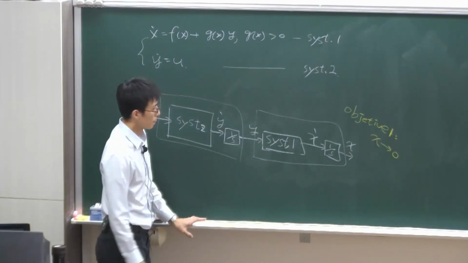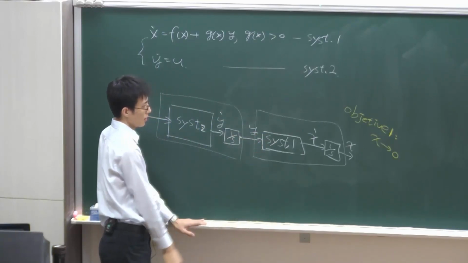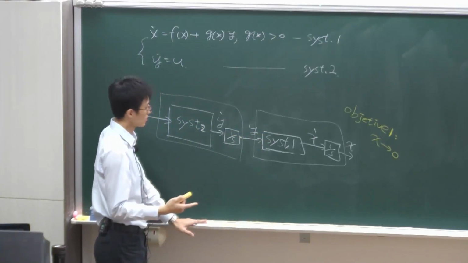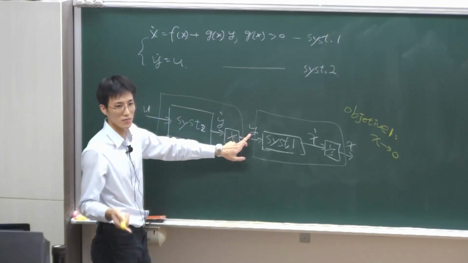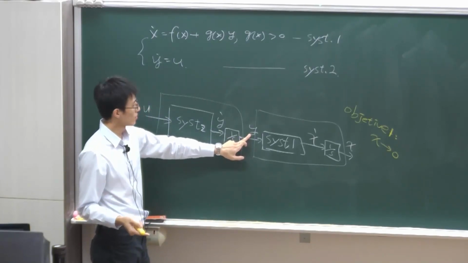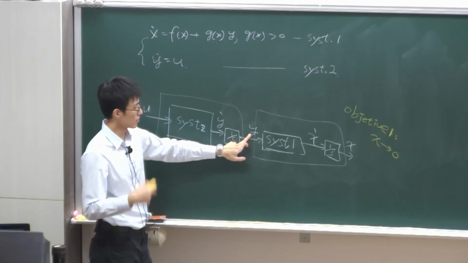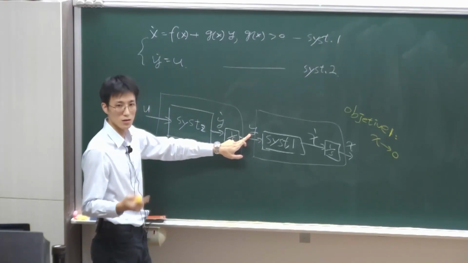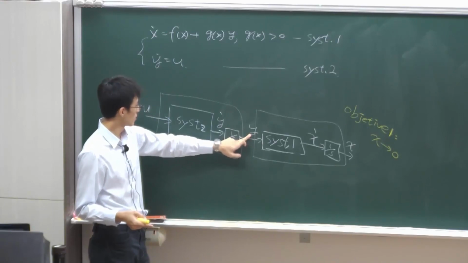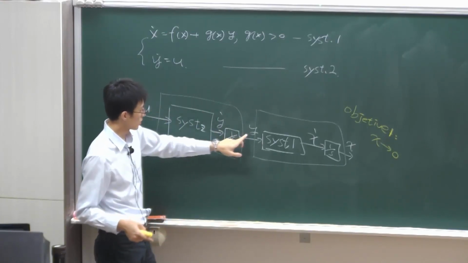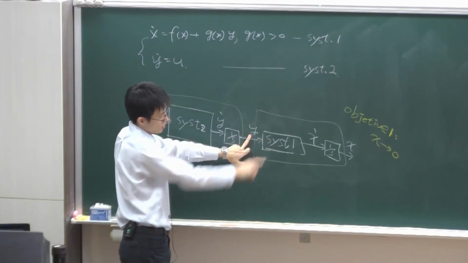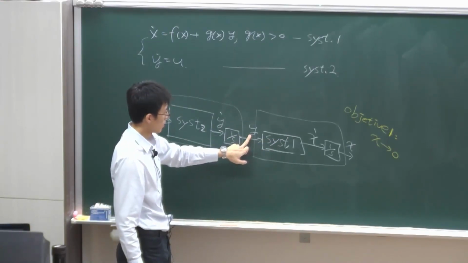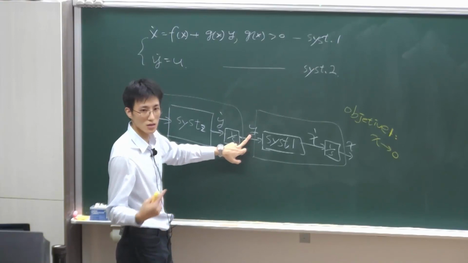And for that objective to be achieved, you require that this y be designed as some signal, right? You can consider y as a virtual controller, because this is a physical controller. For that objective to be satisfied, y has to be some specific signal.